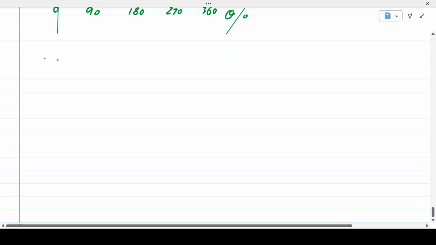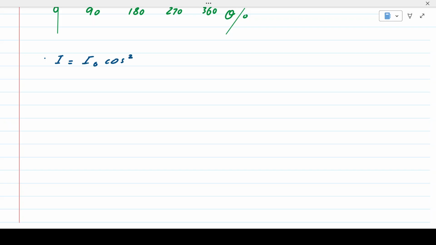So many times they ask you to find the ratio of the amplitudes. So you use the same formula, I equals I naught cos square theta. The angle could be given, and from the given angle you can find I over I naught, and once you find I over I naught you can easily find amplitudes like this, a square over a naught square.